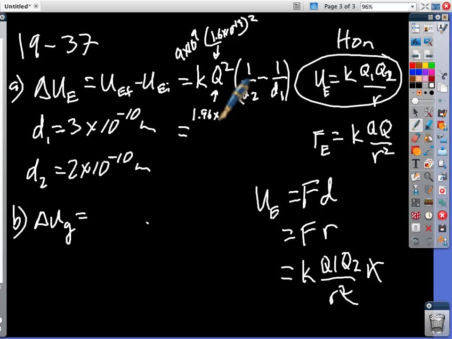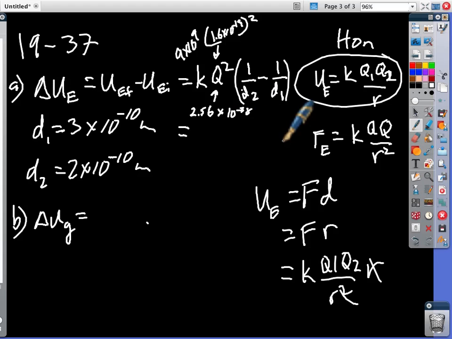I always screw up the square between 13 and 16 for some reason. 2.56? Okay. So 16 squared is 256? Yeah. Okay. So this is going to be 2.56 times 10 to the minus 38.